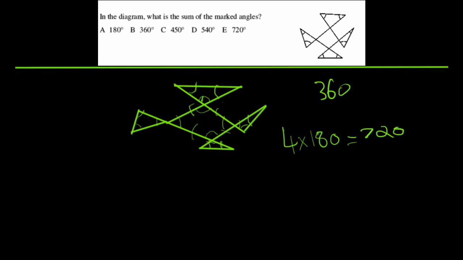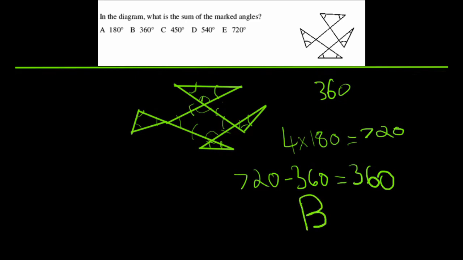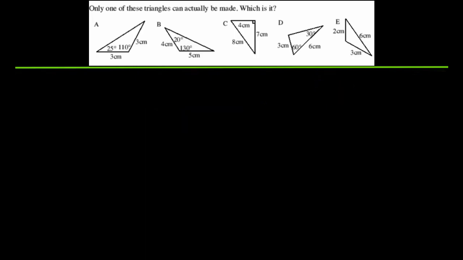And so to work out the sum of the originally marked angles, we have to take away the sum of these 4 angles here from 720, which is 720 minus 360, which is 360. So the sum of the marked angles is 360, which corresponds to B.